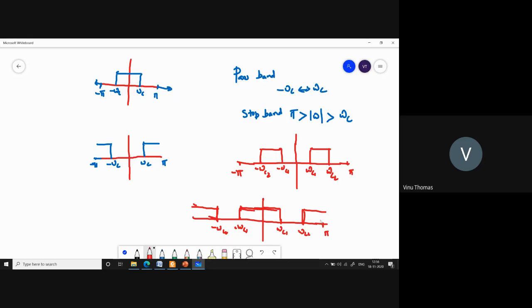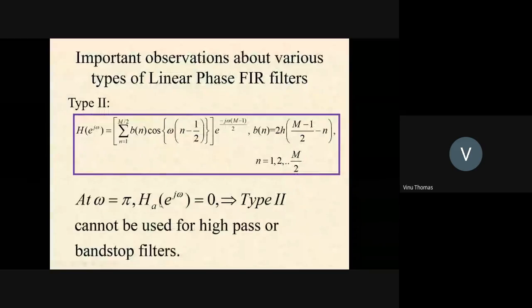However, the band stop filter cannot have a non-zero value at plus pi and minus pi. So therefore, you cannot design high pass filters and band stop filters with the type 2 kind of filters, right? At omega equal to pi, HA of e power j omega equal to 0, which signifies that you cannot use type 2 to design high pass or band stop filters.